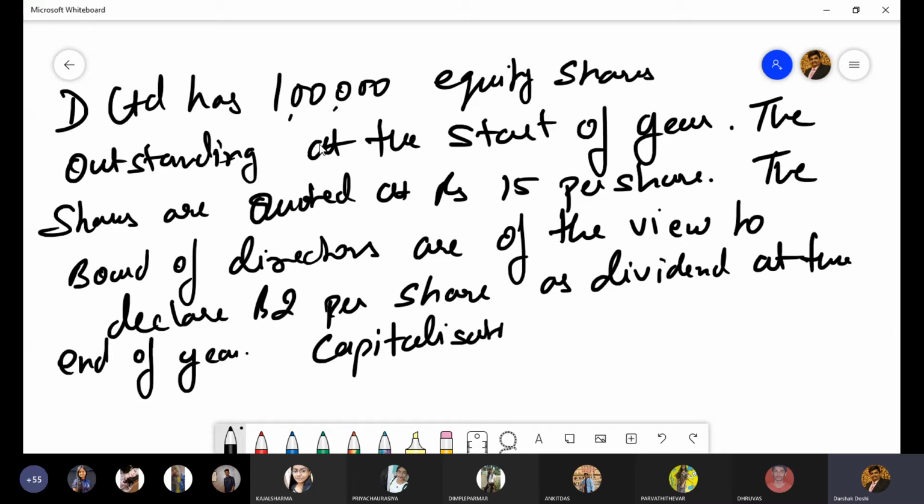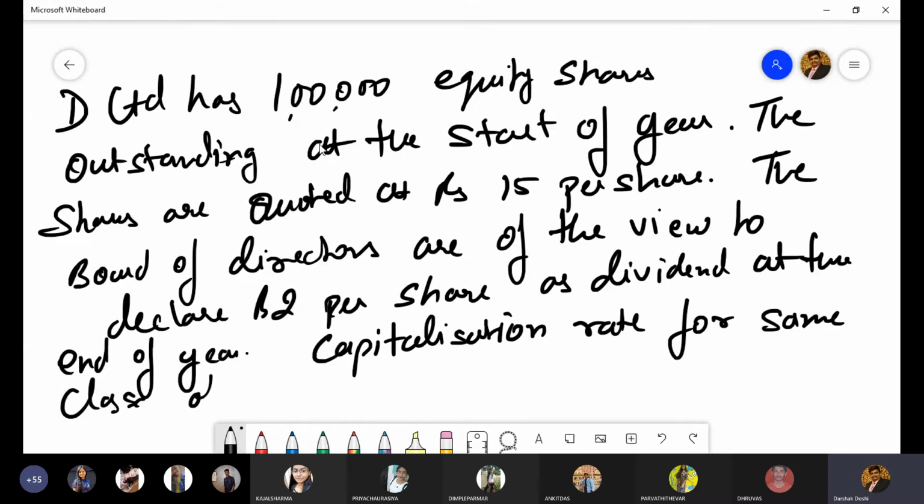Capitalization rate for the same class of shares is 12%.